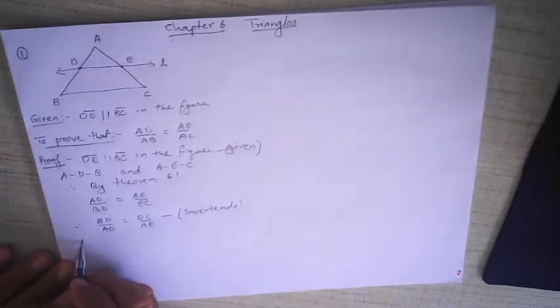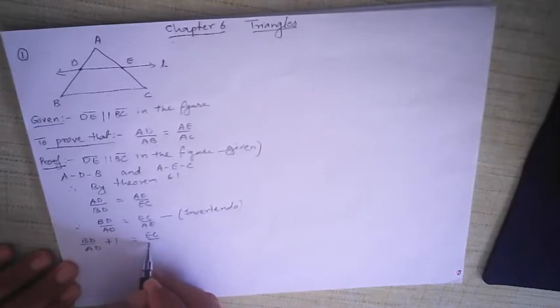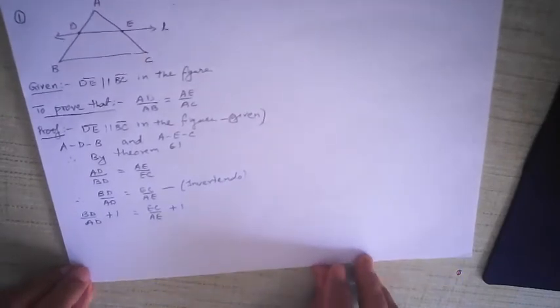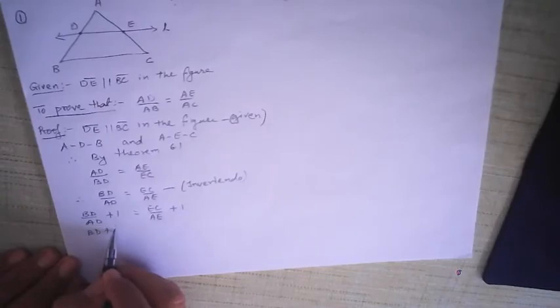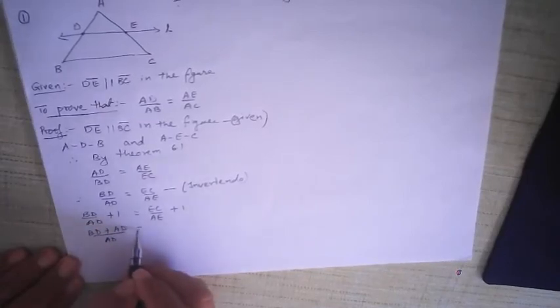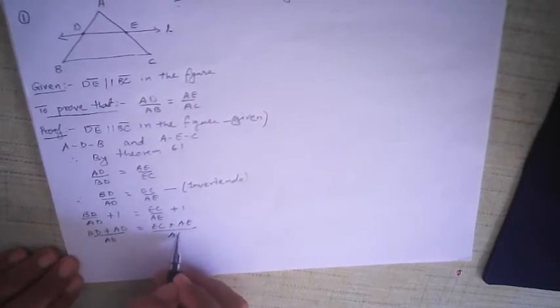Now I add 1 on both the sides of the equality: BD upon AD plus 1. I have done nothing else, I have simply added 1. So if I add 1, I get BD plus AD upon AD is equal to EC plus AE upon AE.